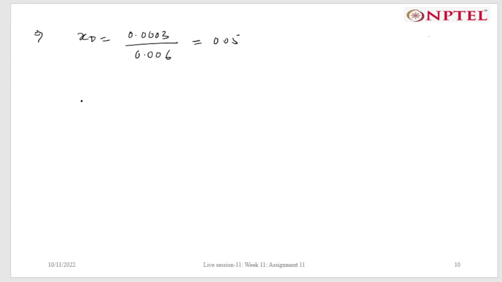Now YD is the equivalent fraction of the calcium ion in the resin phase.